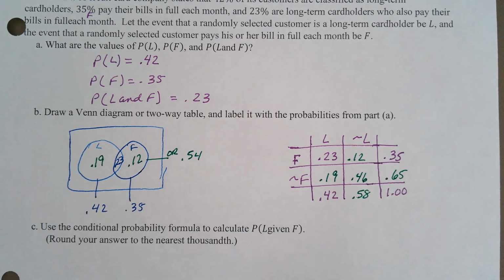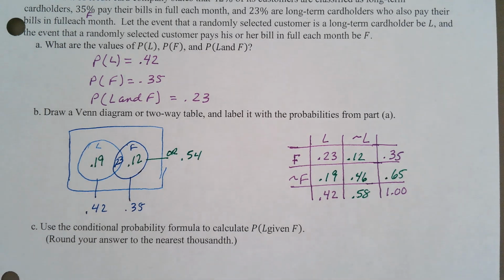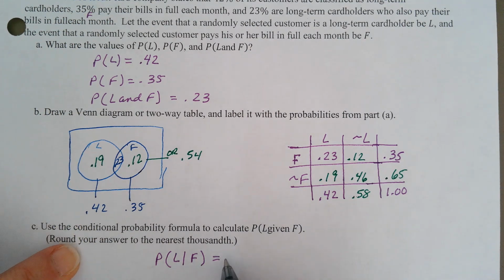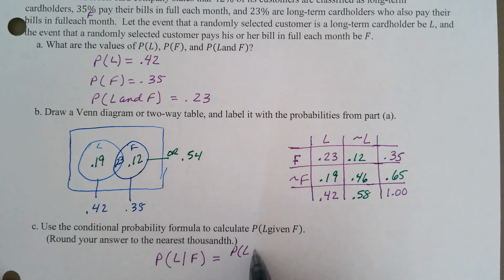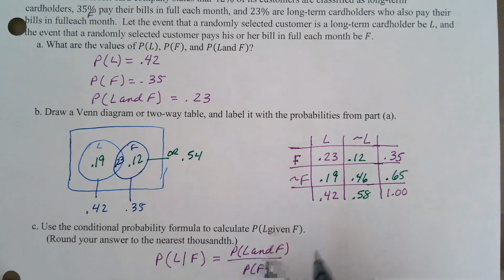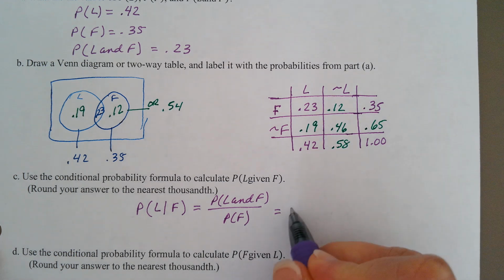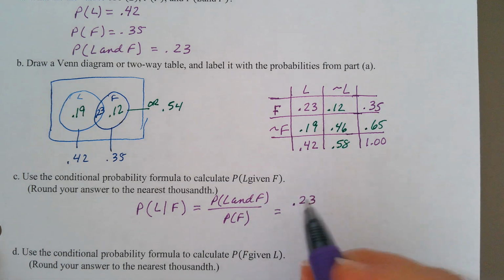Use the conditional probability formula to calculate the probability of L given F. Right, the probability of L given F is going to equal the probability of L and F over the probability of F. The denominator is the probability of F. L and F is 0.23 and F is 0.35.